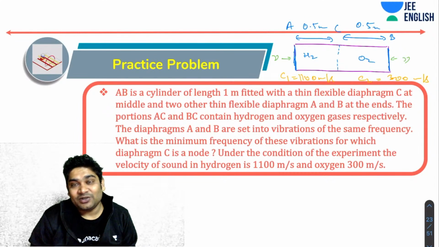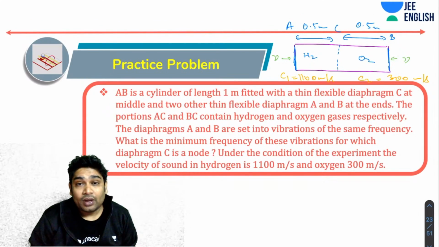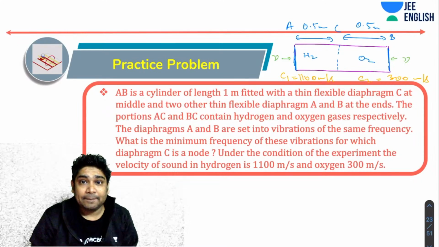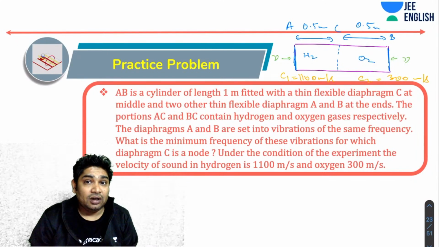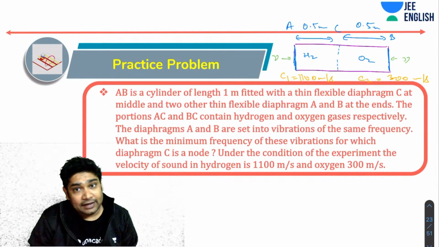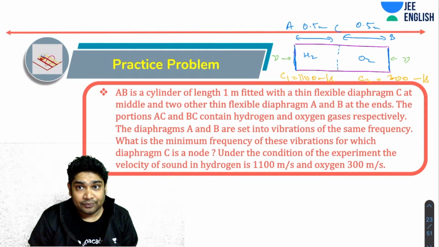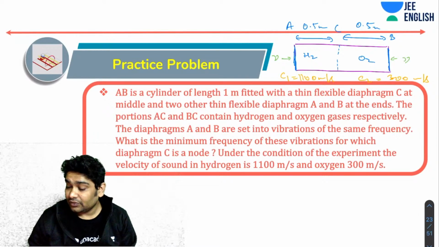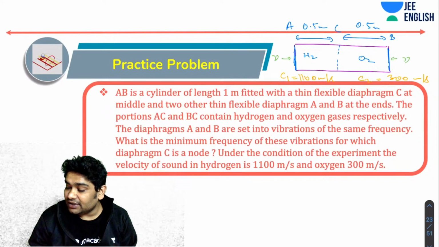So imagine two standing waves. Okay, I'll give you a hint. Imagine two standing waves in two columns independently, both having nodes at one end and antinodes at the other. For sure, you've been told that the diaphragms A and B are set into vibrations.